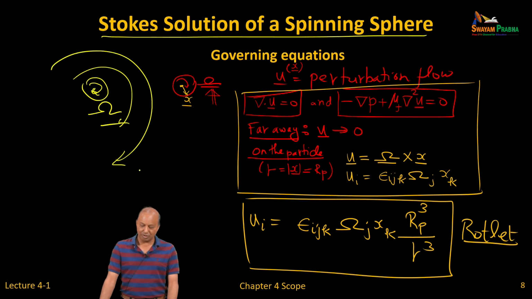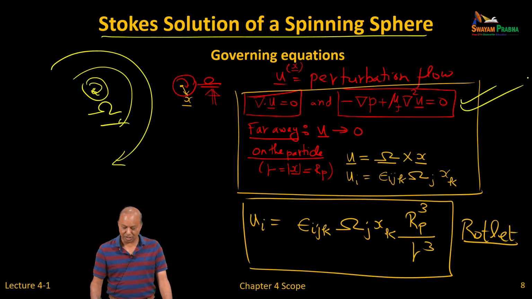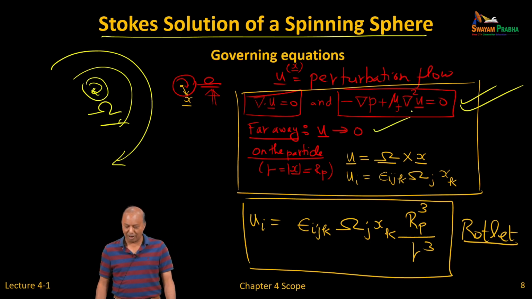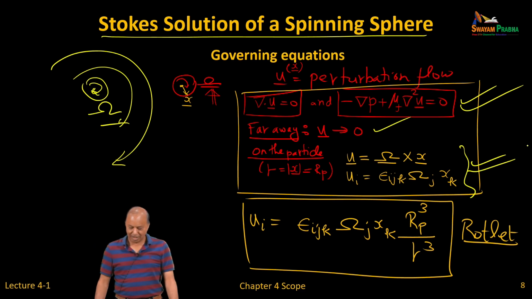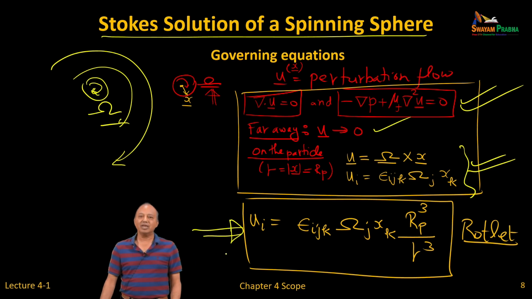Okay. So here again you can solve the problem. So this is the steady Stokes equation, and you subject it to far away boundary condition, and on the particle you subject the fact that the particle is rotating. So these are straightforward things. So you get the solution, the flow field.